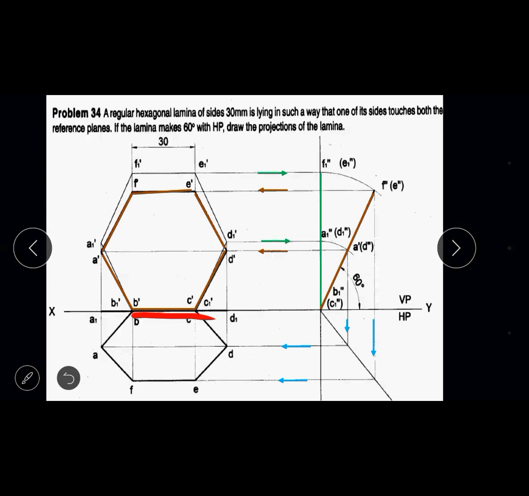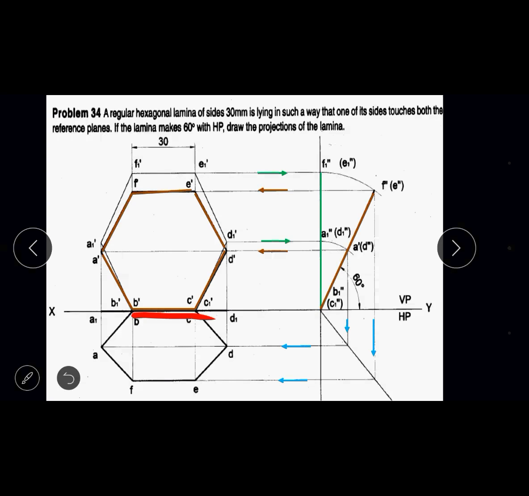So the better solution for this problem is VP resting, because in the previous problem we have seen that if you rest the lamina on VP, one of its sides will be touching both VP as well as HP. You can see over here, one of its sides, B dash and C dash. Though you have rested on VP, this edge of the lamina, B dash and C dash, will be touching both HP as well as VP.